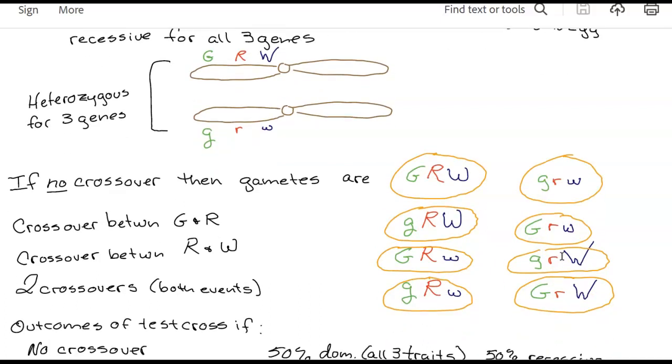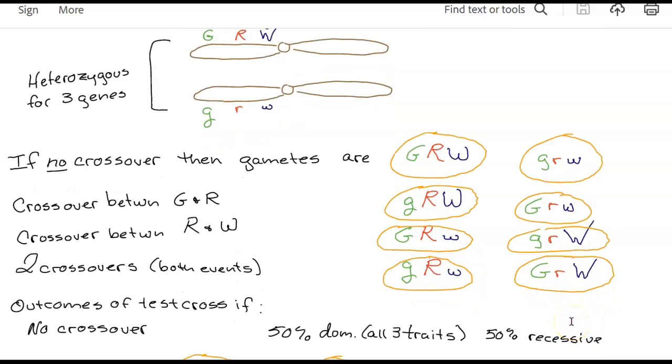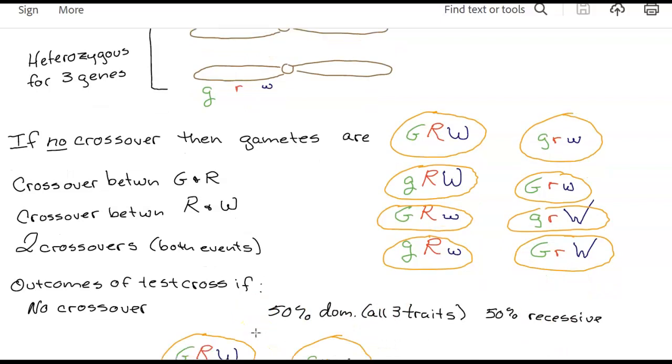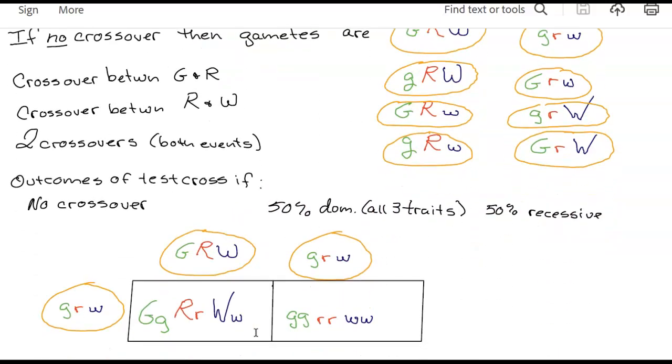Now, remember, a test cross is going to cross these original gametes from this parent with one that you know is homozygous recessive for all three traits. If you see in the outcome that 50% have all of the dominant forms of that trait and 50% have the recessive, then you know that there wasn't any crossover for those particular gametes. So let's take a look. This is what it would look like.